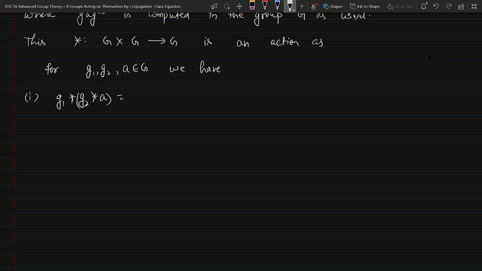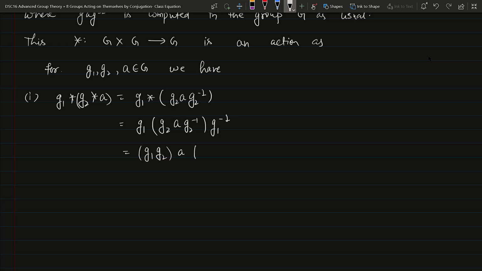That looks like g1 star, and now we can write g2 star a is g2 a g2 inverse by the definition of the star operation, and then it will be equal to g1 g2 a g2 inverse g1 inverse. This is by the star operation for g1. Now we can write this as g1 g2 a and g2 inverse and g1 inverse.